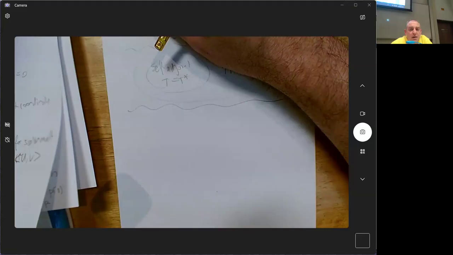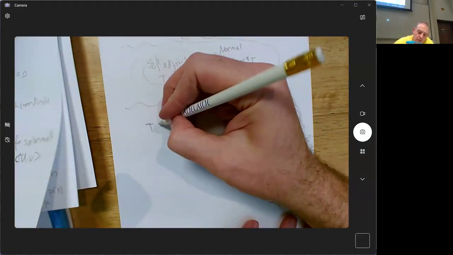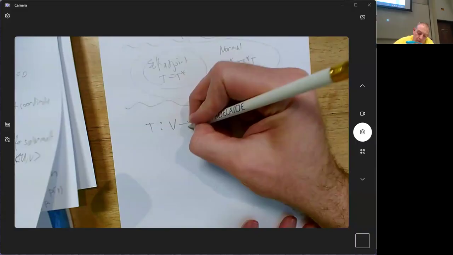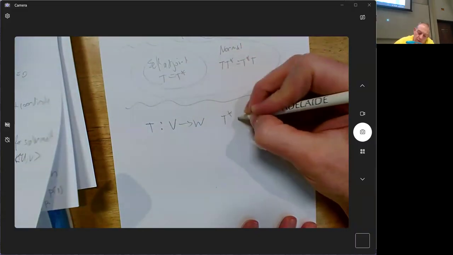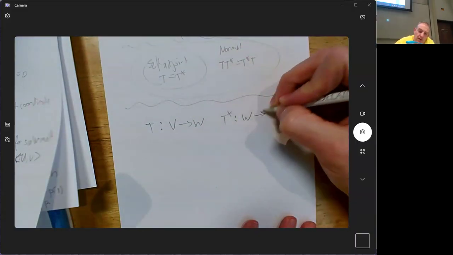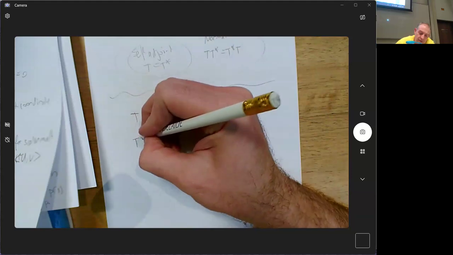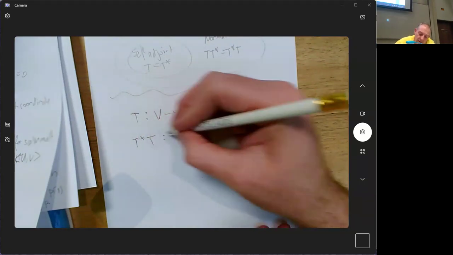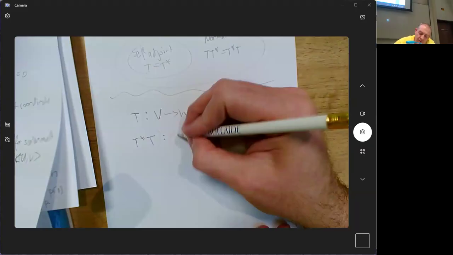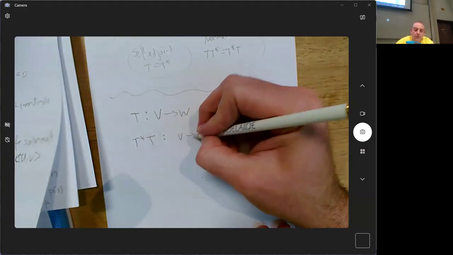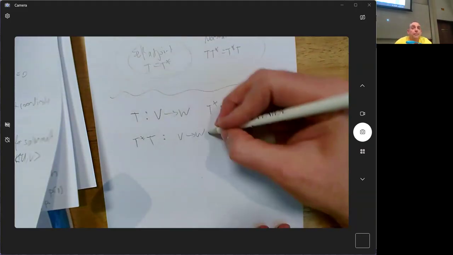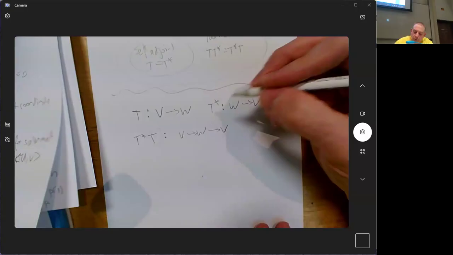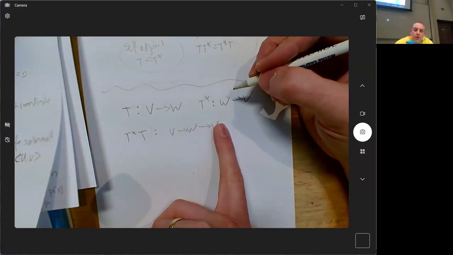So T star T, just a second, if T goes from V to W, and T star goes from W back to V, then T star T goes from V to W and back to V, so therefore it goes from V to V, and therefore it's an operator. Okay.